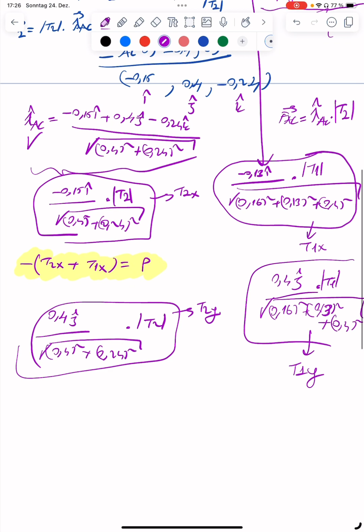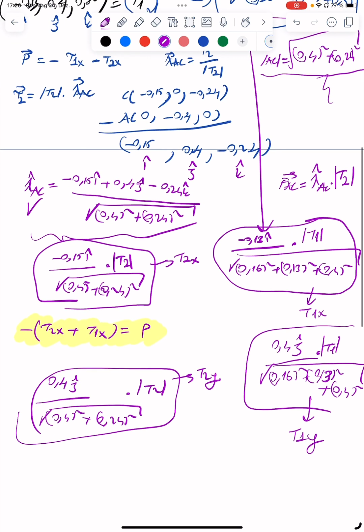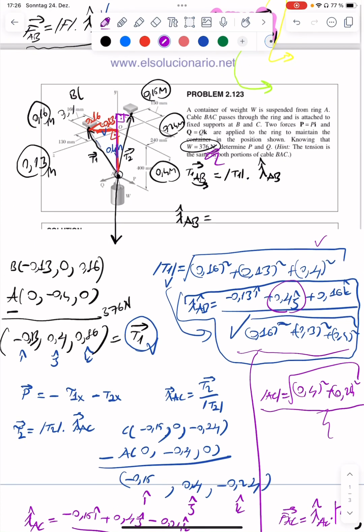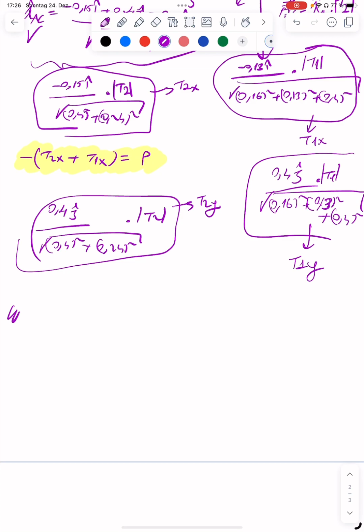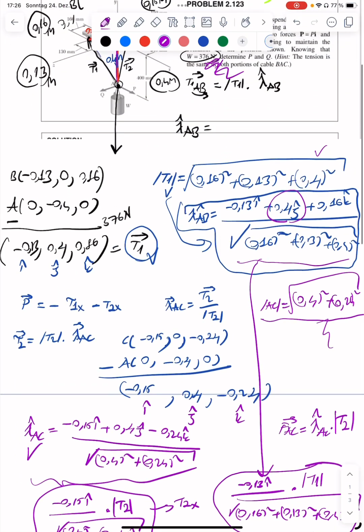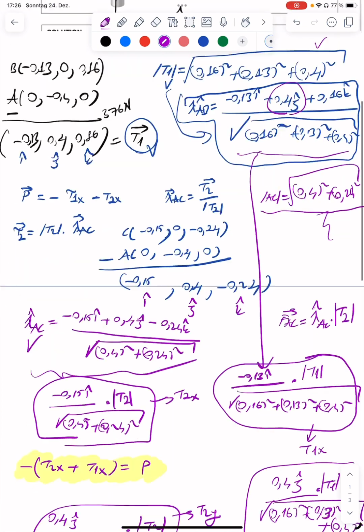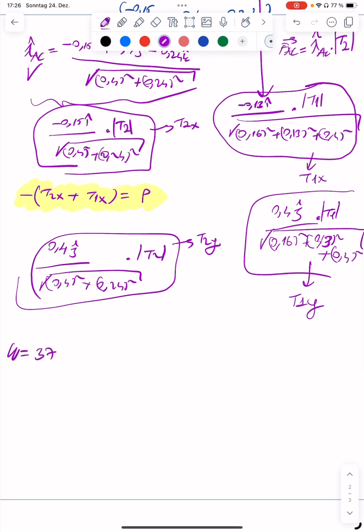So we can find T1 and T2 because of the known weight. The weight is equal to 376 Newton.